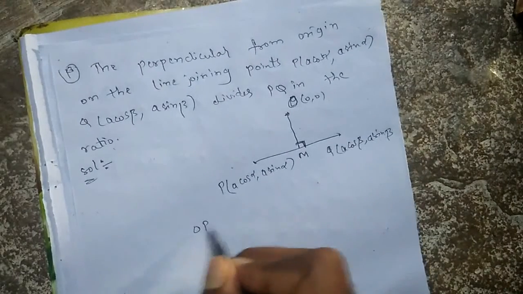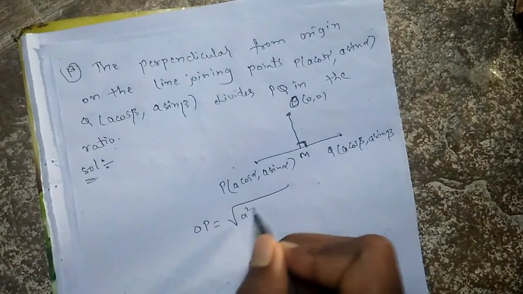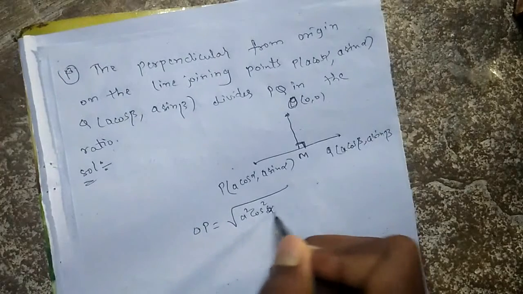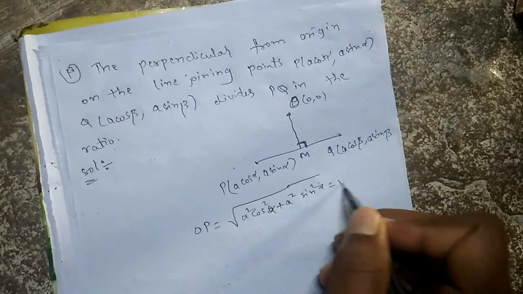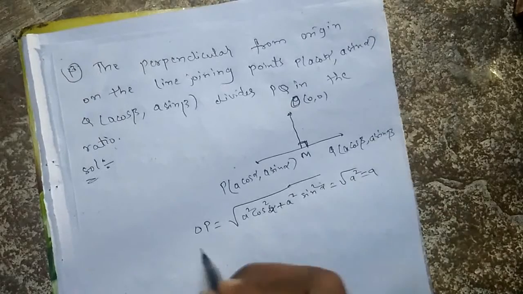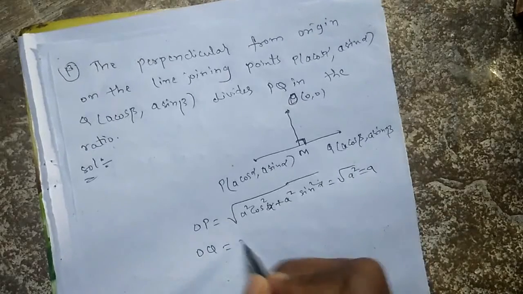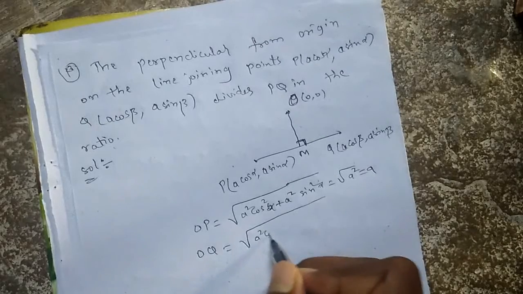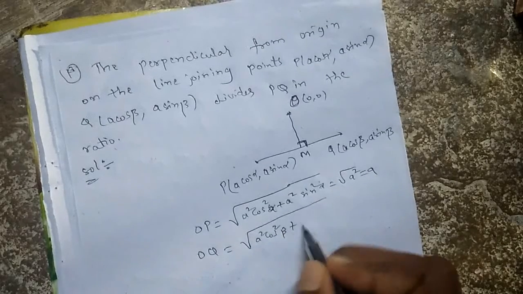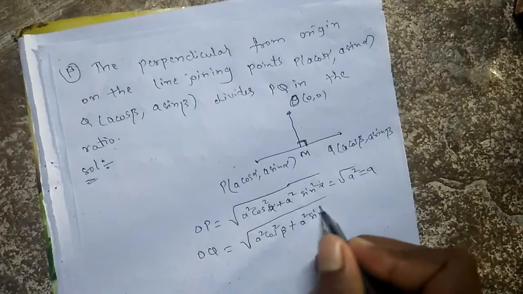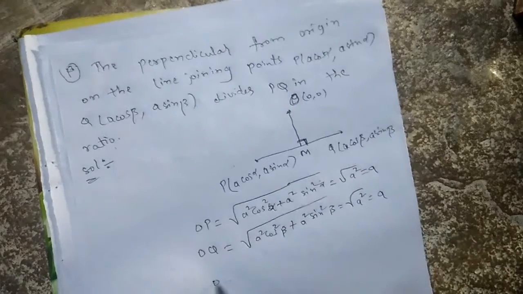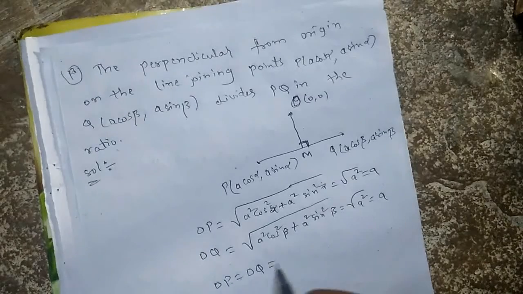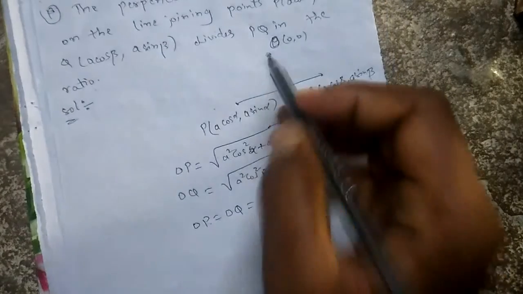Here OP distance is equal to root of a square cos square alpha plus a square sin square alpha, that is equal to root a square, which is a. Similarly OQ is equal to root of a square cos square beta plus a square sin square beta, that is also root a square, equal to a. Here OP equals OQ equals a.